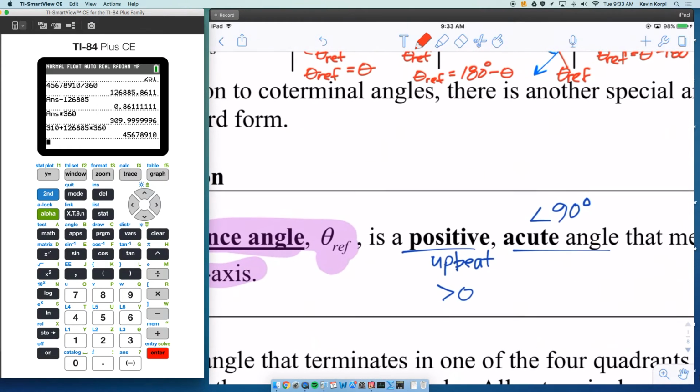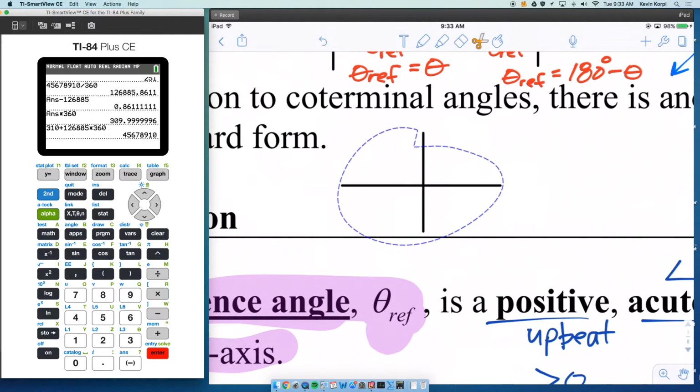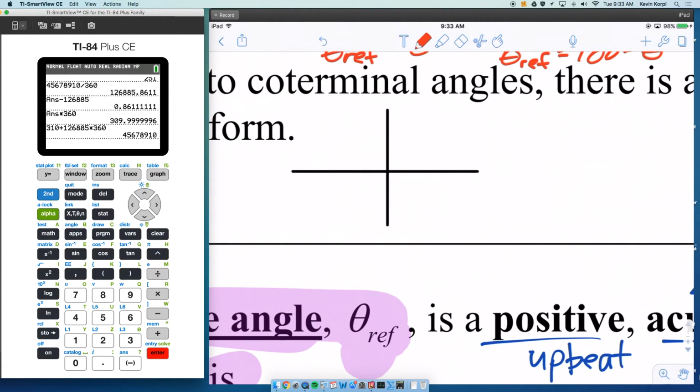Anyway, where else can an angle terminate? On the axes themselves. So those are special cases. Let's look at those. If you have an angle that terminates on, let's say, the y-axis, whether it's that one or this one down here, is there such a small positive acute angle between the terminal ray and the x-axis?